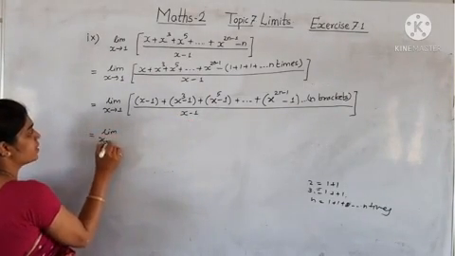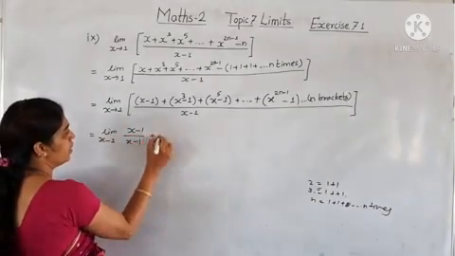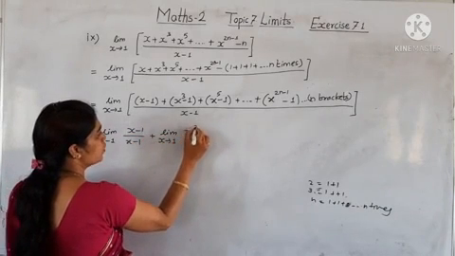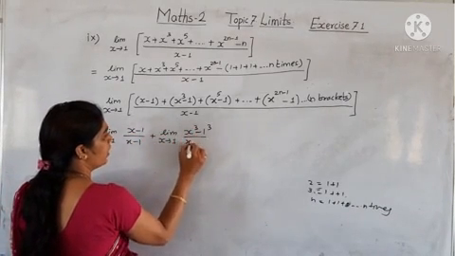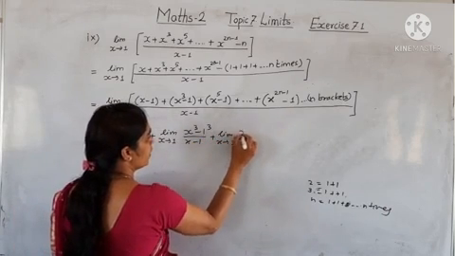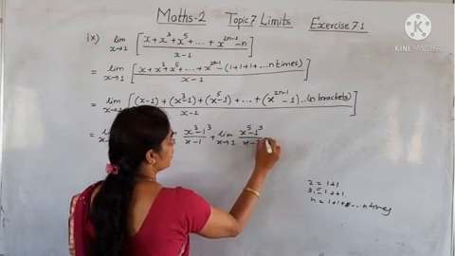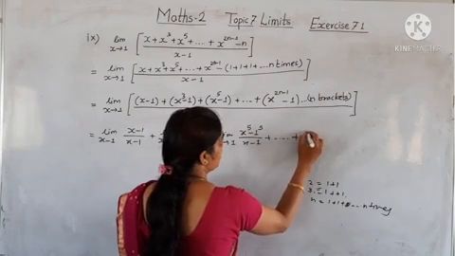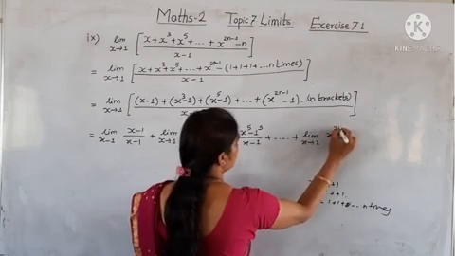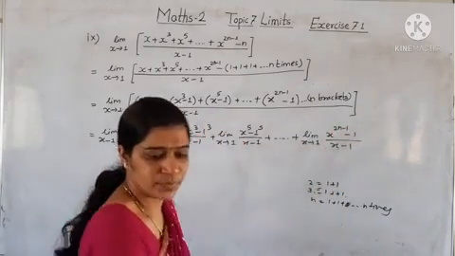Limit x tends to 1, (x minus 1) upon (x minus 1), plus limit x tends to 1, (x cube minus 1 cube) upon (x minus 1), plus limit x tends to 1, (x raised to 5 minus 1 raised to 5) upon (x minus 1), plus dot dot dot plus limit x tends to 1, (x raised to 2n minus 1 minus 1) upon (x minus 1).